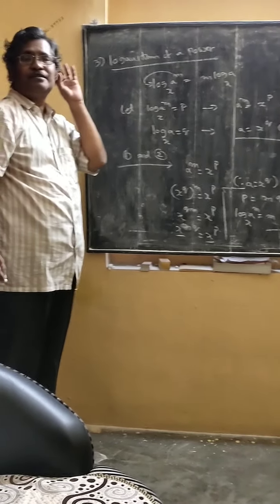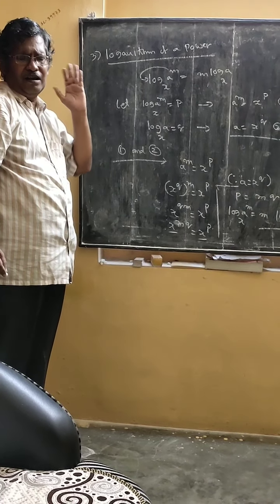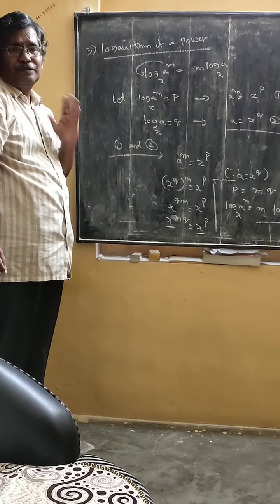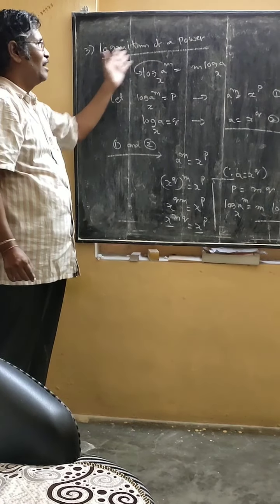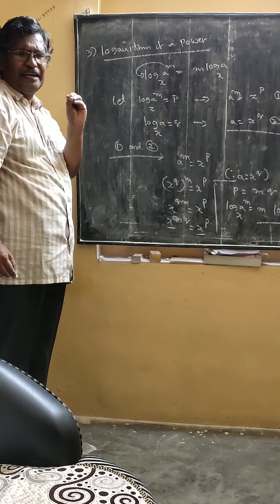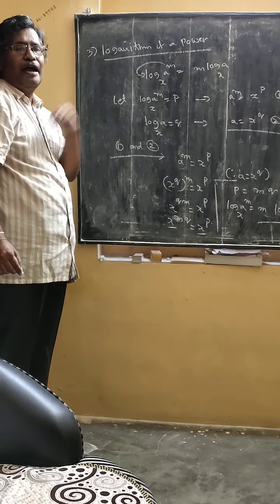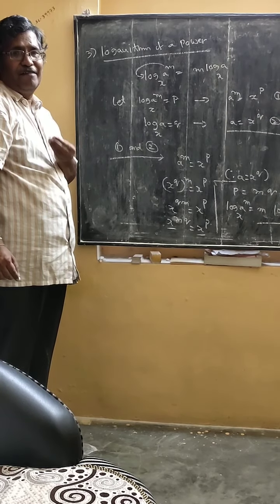So today we discussed three formulas. One is logarithm of a product, second is logarithm of a quotient, third is logarithm of a power. Based on these, I want to introduce three small problems, and tomorrow we will go to the rest of the problems in our exercise 1.5.